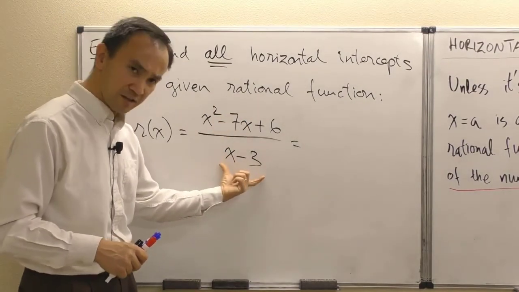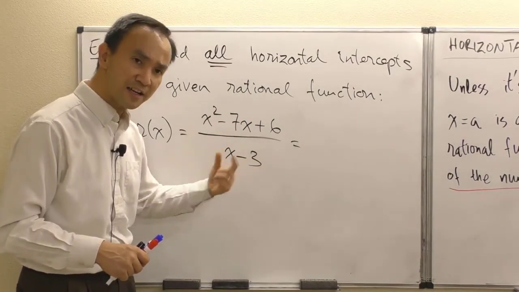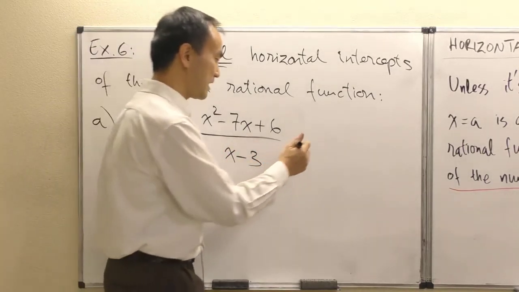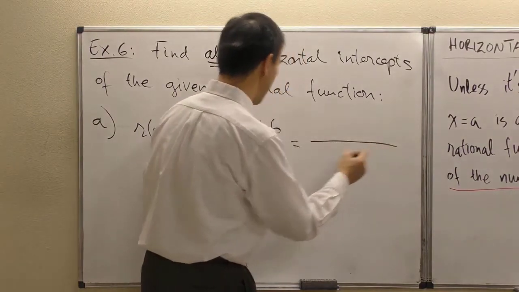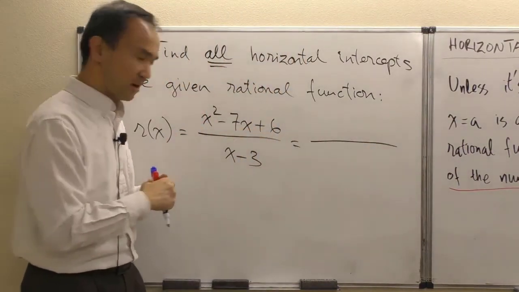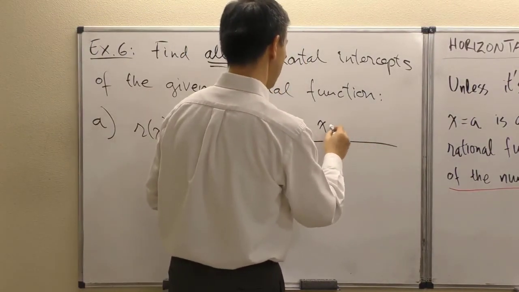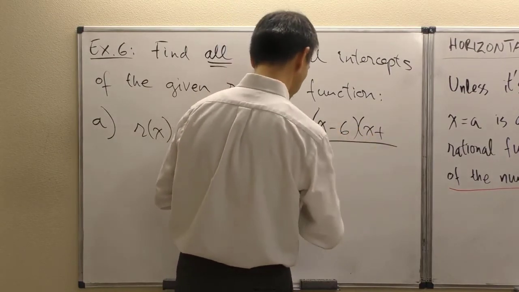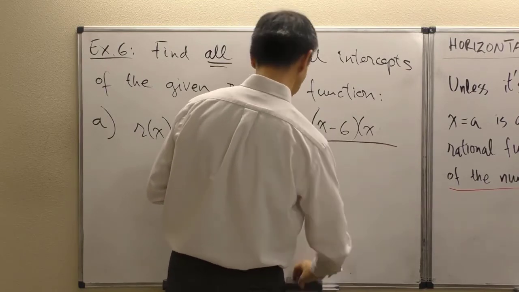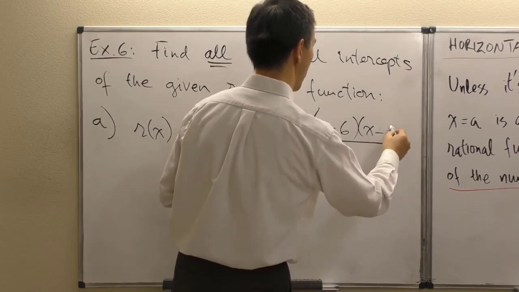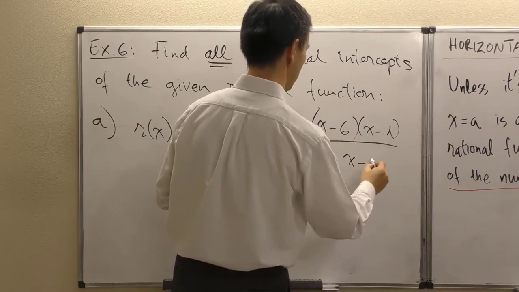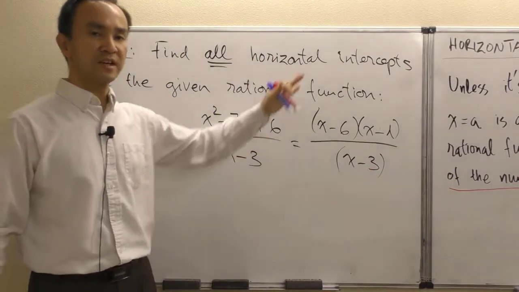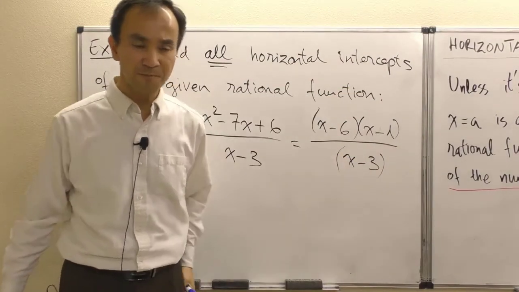The denominator is only one single linear factor, so there's nothing to factor further. But I need to factor the numerator. So now it becomes x minus 6 times x minus 1, all over x minus 3. Now we have completely factored our rational function in both numerator and denominator.